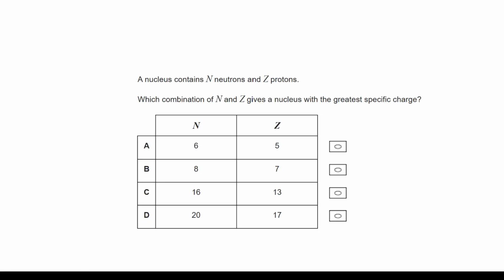Let's try another one. A nucleus contains n neutrons and z protons. So I have n neutrons and z protons. Which combination would give the greatest specific charge? Now again, just for the sake of writing, specific charge is nothing but charge over mass.